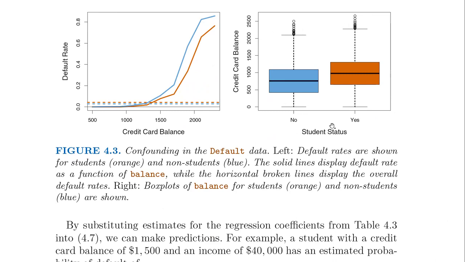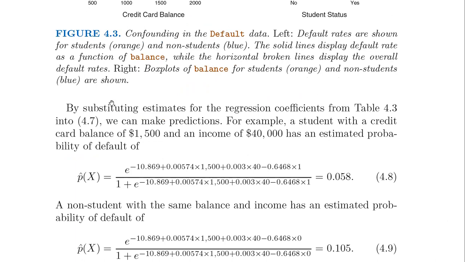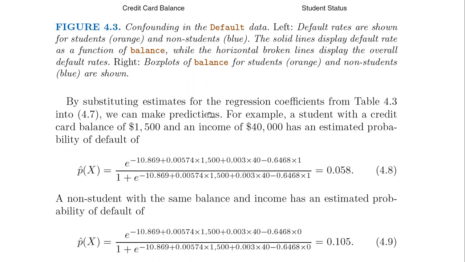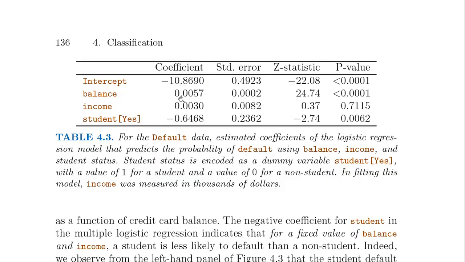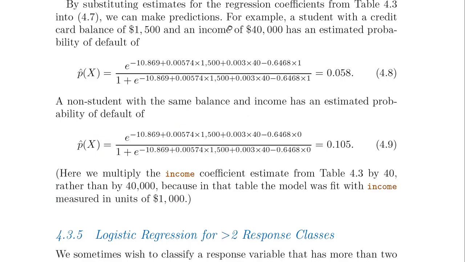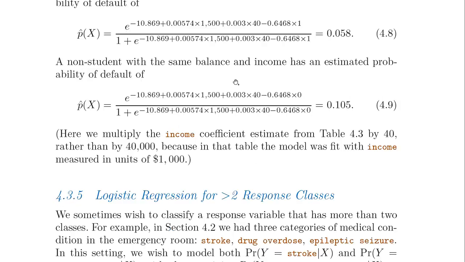Now what's this? Student status and credit card balance. I don't know what that is. So by substituting estimates for the regression coefficients from table 4.3, so these three, 0.0057 and negative 0.64, let's highlight them in pink.